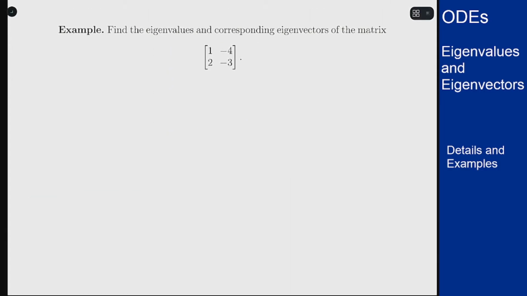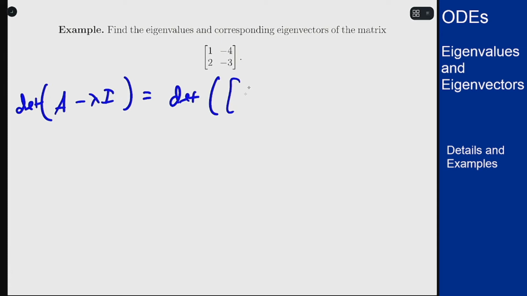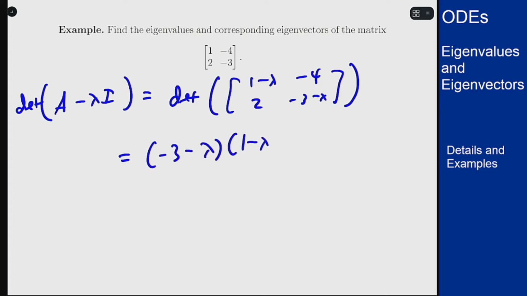I want to find the eigenvalues and corresponding eigenvectors for the matrix 1, minus 4, 2, minus 3. So let's start as we always do by finding the characteristic equation and looking for the roots of that equation. So A minus lambda I, take the determinant. This is the determinant of 1 minus lambda, minus 4, 2, minus 3 minus lambda, which is equal to minus 3 minus lambda times 1 minus lambda, and then plus 8, minus 2 times minus 4.